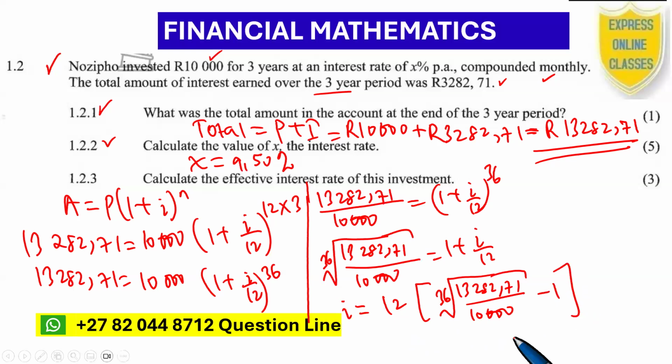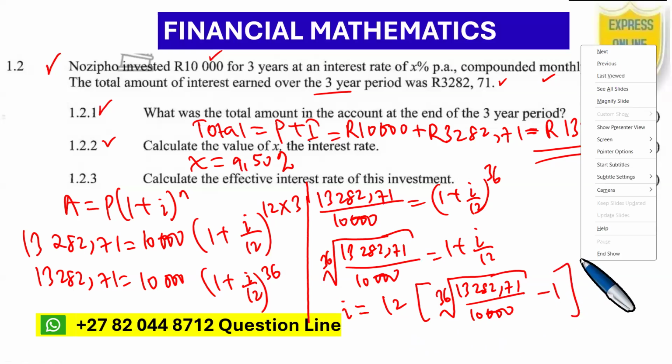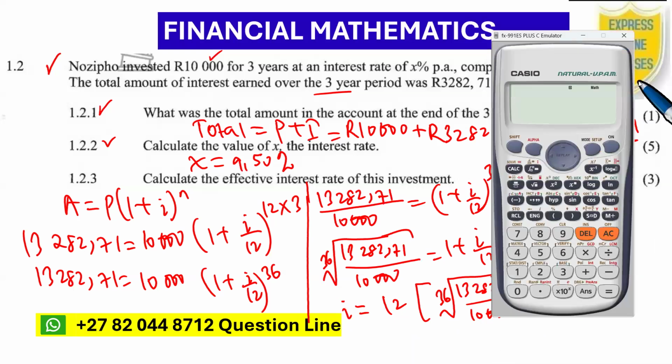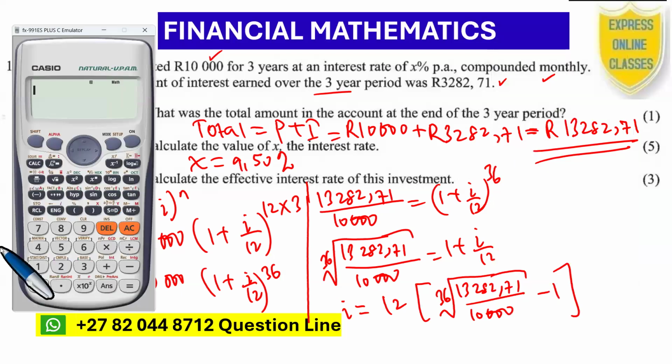Right, we need to get the answer. For the sake of calculator practice, we'll determine it together, to make sure we have a chance to look at how the calculator is operated. We punch in the number 12, open bracket, and then the general radical, which is exactly this one here.